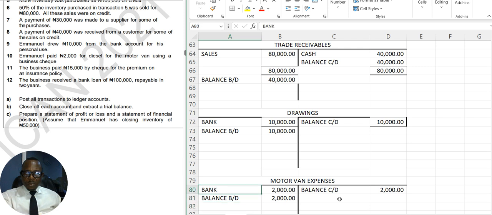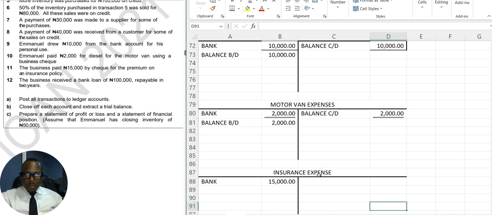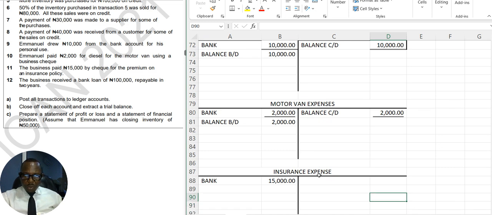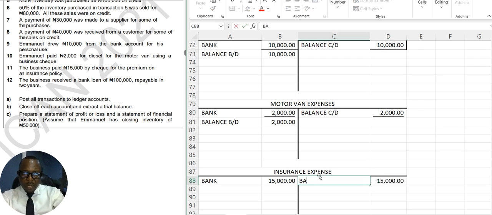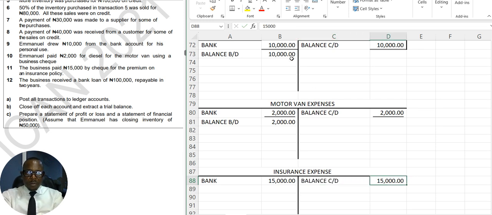So in this wise, just put your double line here also. The next one is what? Insurance. Balance CD. So you have your double line, underline it since there is nothing up, underline it.